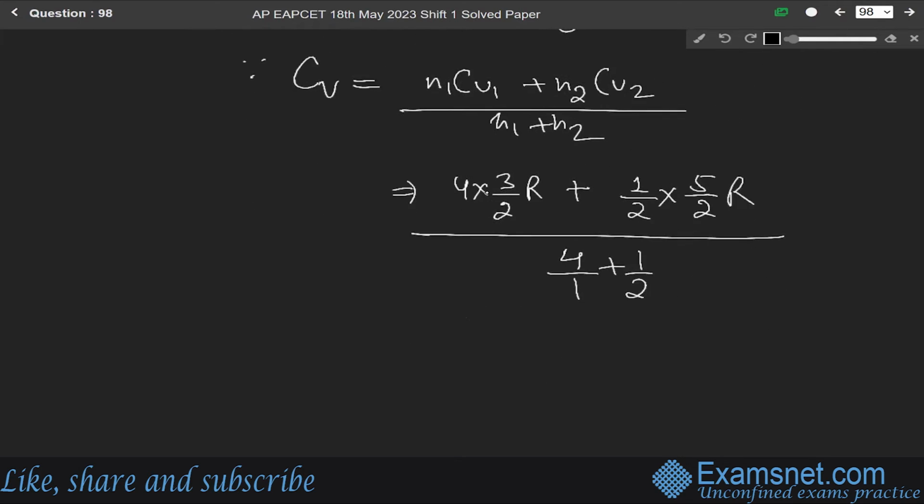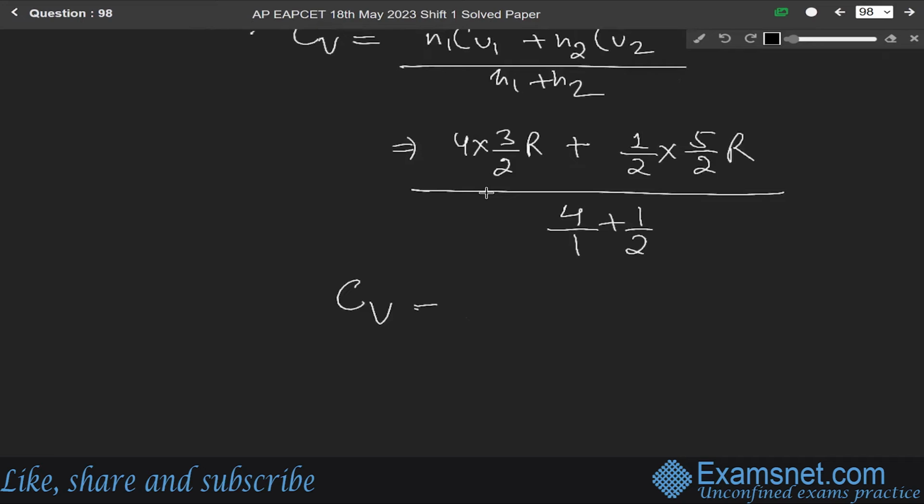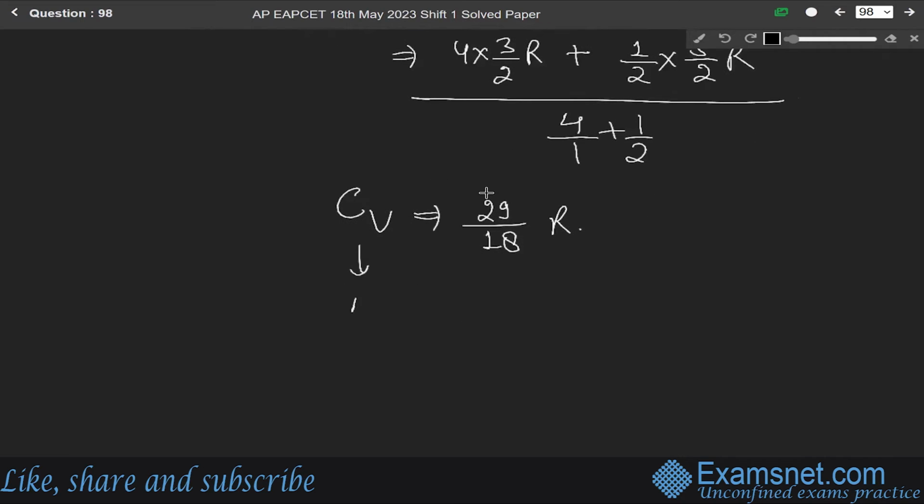So just simplifying it, we get Cv equals 29 over 18 R.